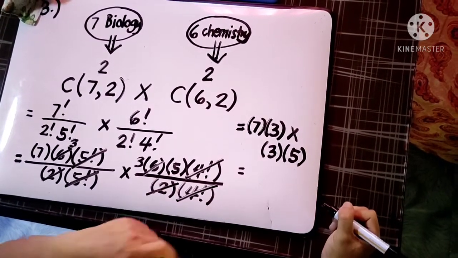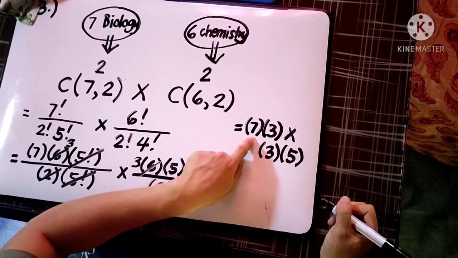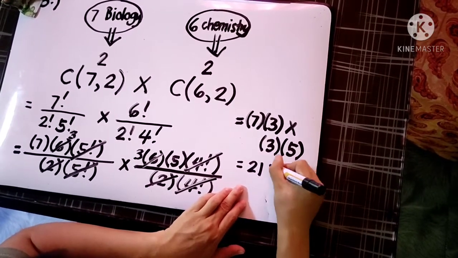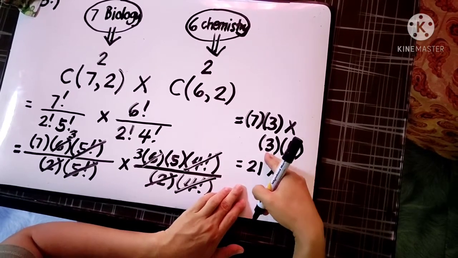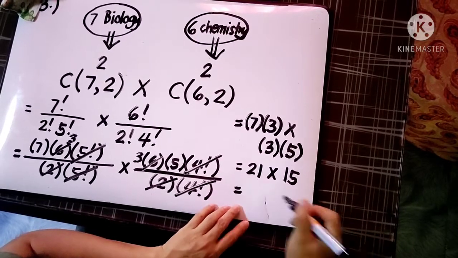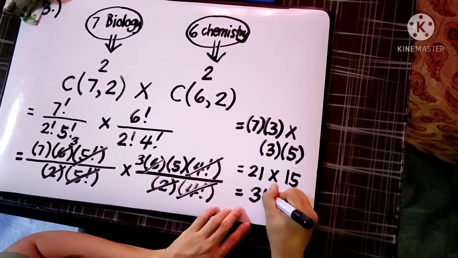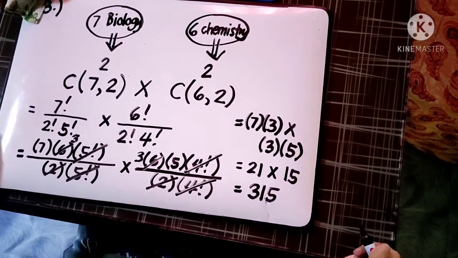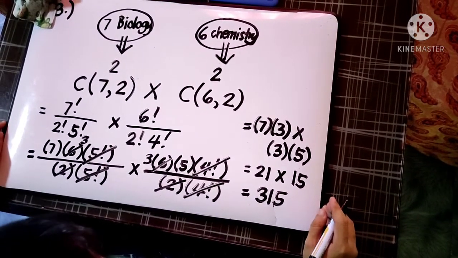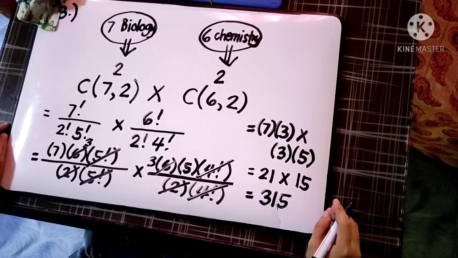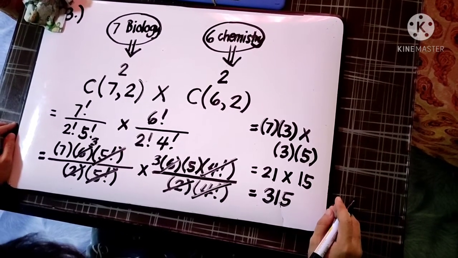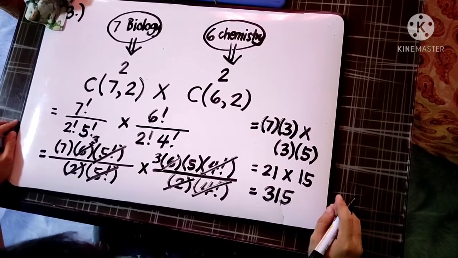Simplify. 7 times 3 is 21 times 3 times 5 is 15. You get a total of 315. So, he or she has 315 ways of selecting 2 biology books and 2 chemistry books.